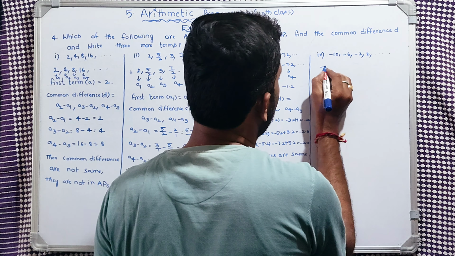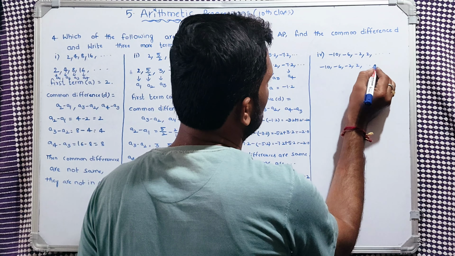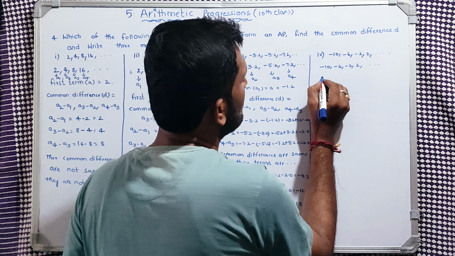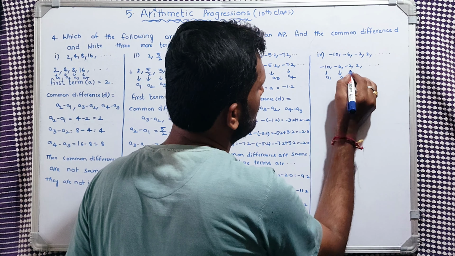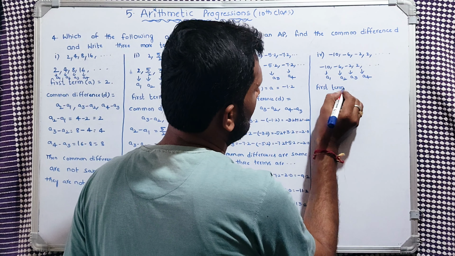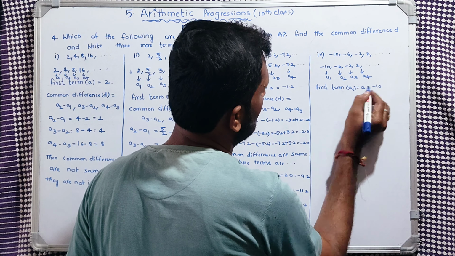Next, fourth problem. Minus 10, minus 6, minus 2, 2. This is A1, this is A2, this is A3, this is A4. First term A1 equal to A equal to minus 10.